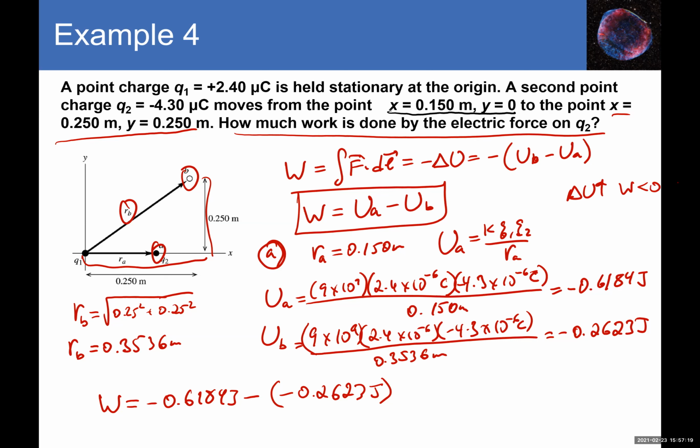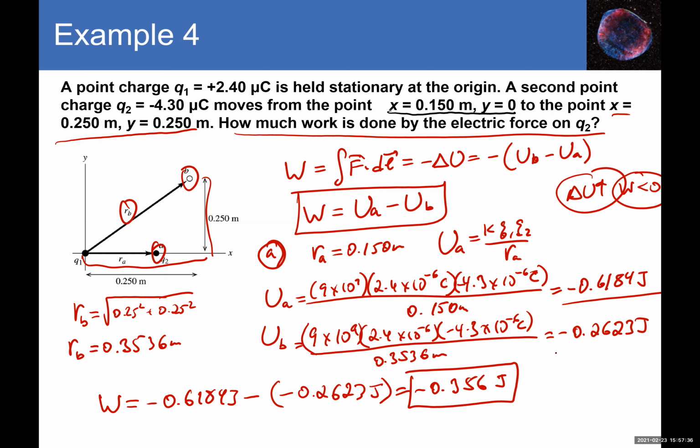So let's calculate the work done. If the work done is negative, that means potential energy did indeed increase. Well, if I calculate this, I'm going to get negative 0.356 joules. And that agrees. See, my work done is negative. That means my potential energy indeed increased, going from negative 0.6 to negative 0.2, which is technically a larger number.